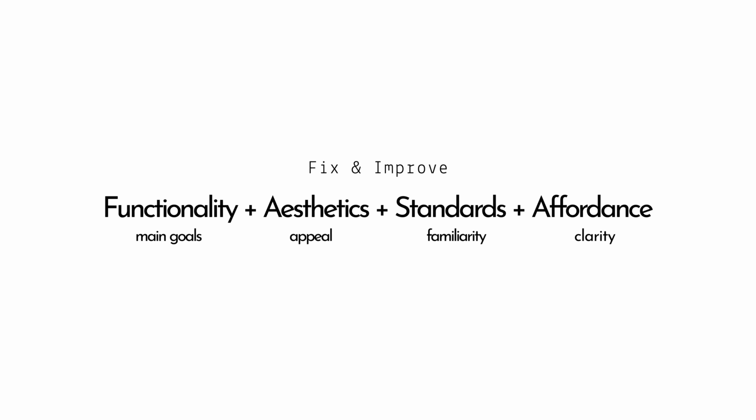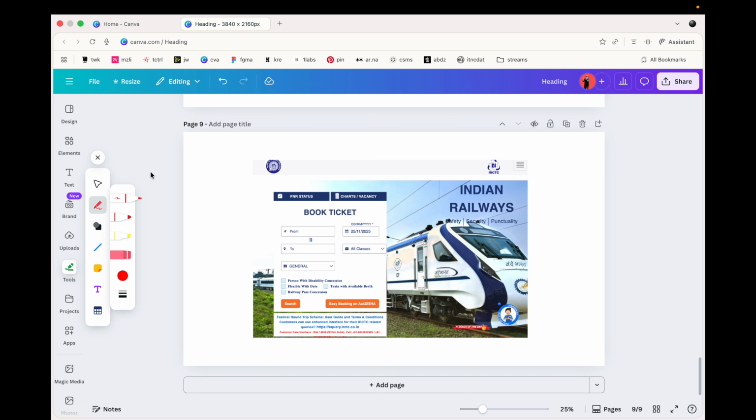So now let's take a look at the current website that IRCTC has, and let's study that. There are a couple of errors that will immediately capture our attention. One such thing that I've noticed immediately, definitely the aesthetics will capture our attention first.